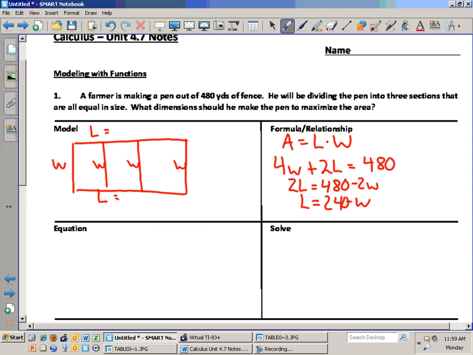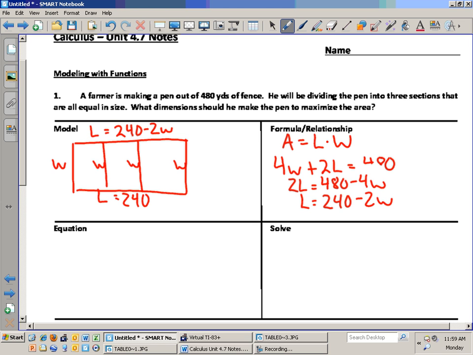So I've expressed my formula and my relationship. Whoops, sorry. 480 minus 4W, we divide by 2, we get 240 minus 2W. There you go. So I know that my length is 240 minus 2W.